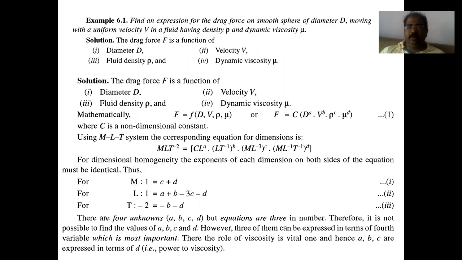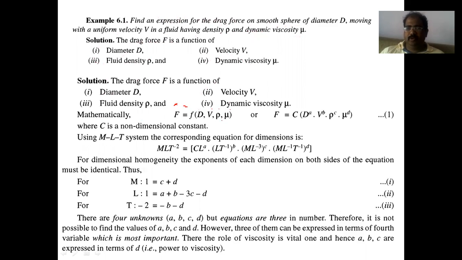So it is told that the drag force F is a function of diameter, density, velocity, and dynamic viscosity. So we write x is a function of x1, x2, x3, and x4.